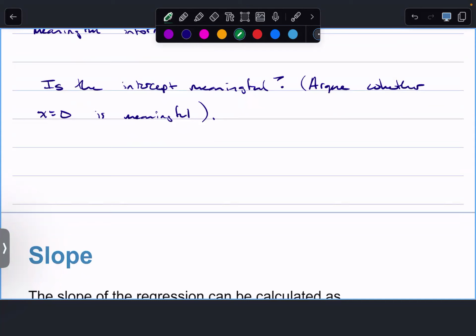In this case, since the percent high school grads ranges between 75 to 95, a state with 0% high school grads is not meaningful.